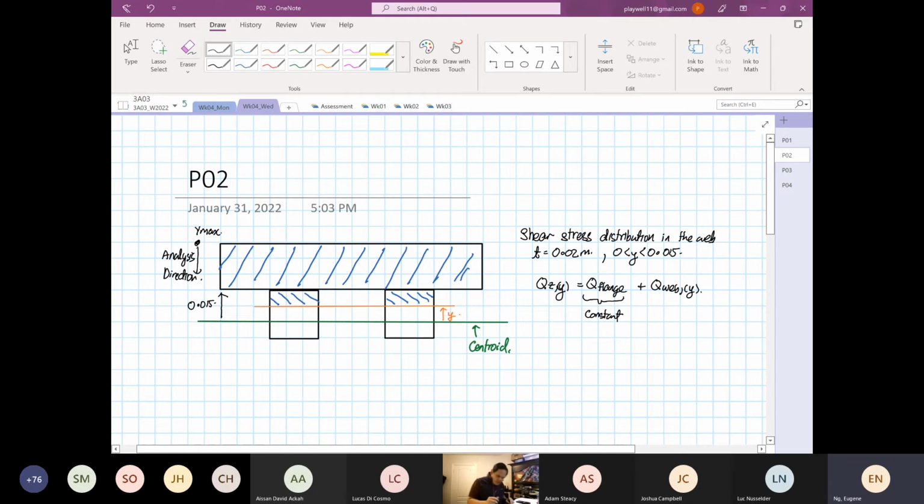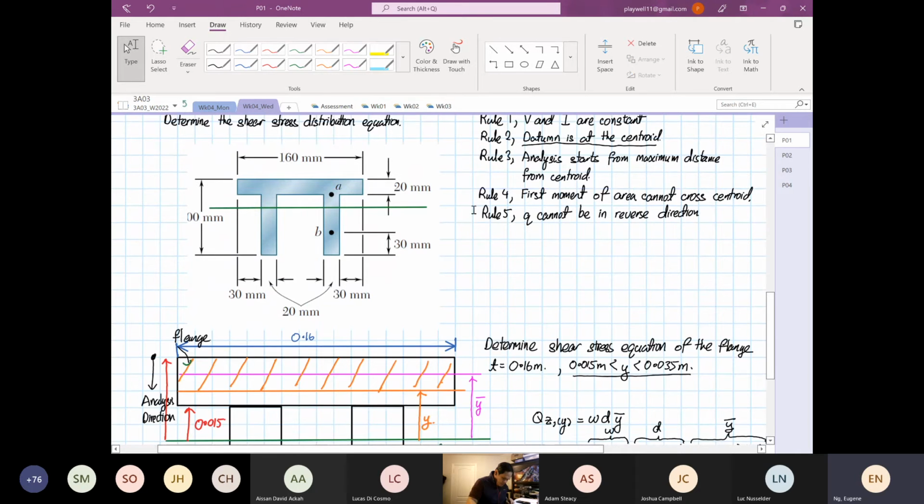Okay. Then from here, so again, the general formula that I like to do for Q in the Z direction is I like to do width, depth, y bar. So we'll do that. So Qz is a function of y. So the width is 0.16. The depth, let me get the picture across, then you can see clearer. We will make mistakes.